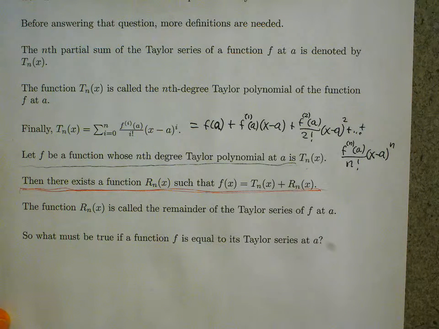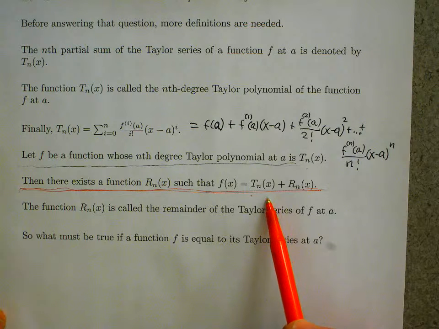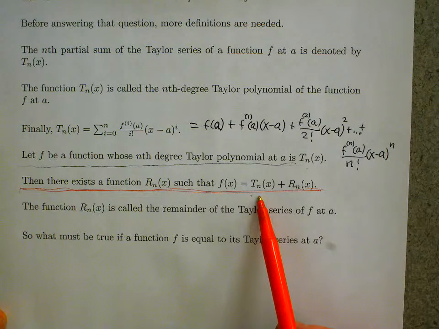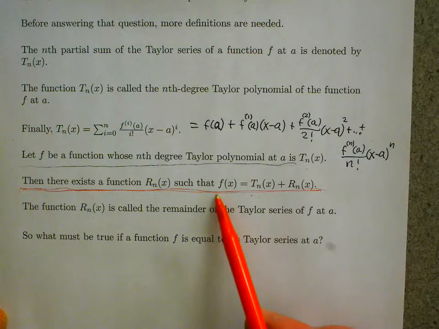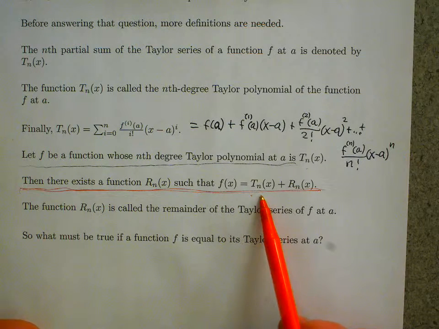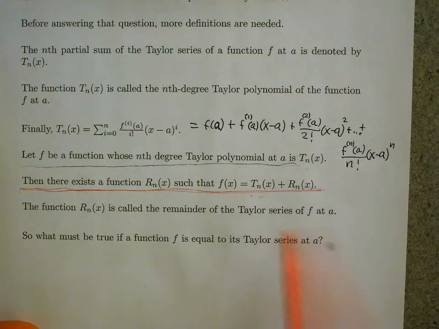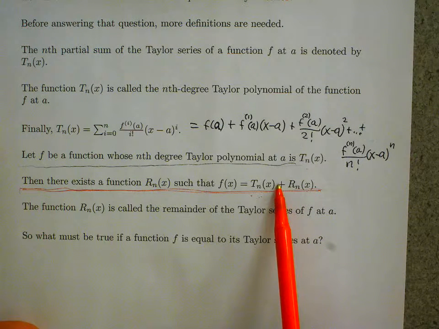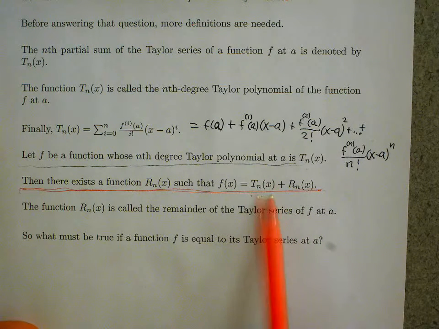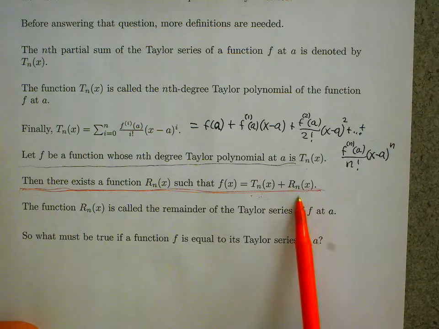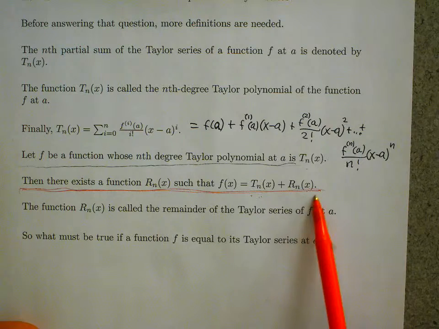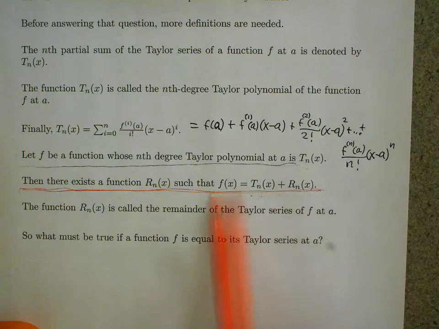Even if a function f of x does not equal its Taylor series, where n goes to infinity, well, if t sub n of x is the nth degree Taylor polynomial for the function f, we can always find another function that, if necessary, can negate whatever terms in the Taylor polynomial is necessary, and then write all of the appropriate terms so that when you add them up, you still get f of x.